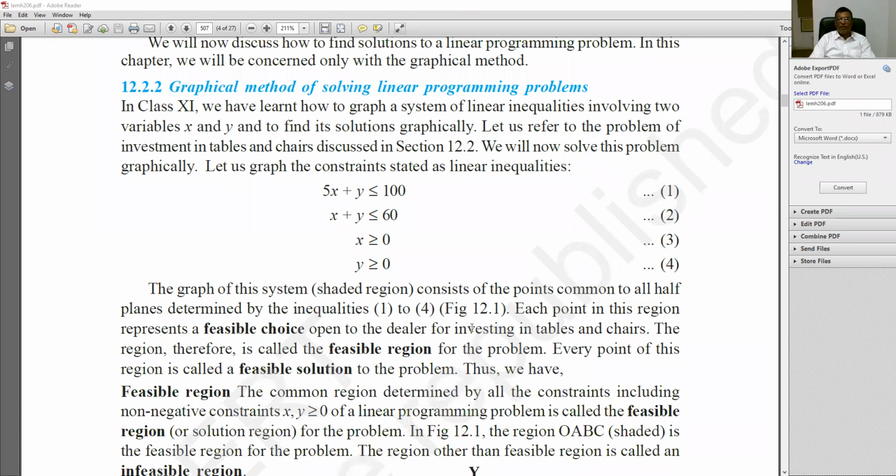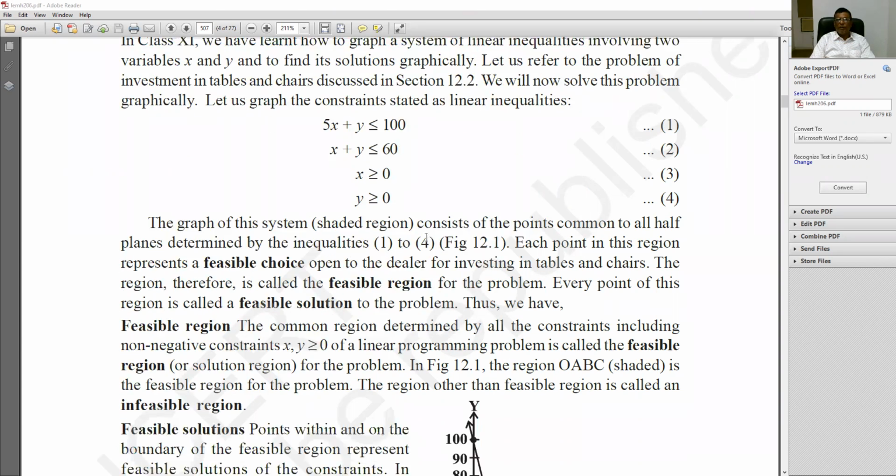So let us start writing from here: graphical method of solving linear programming problem.